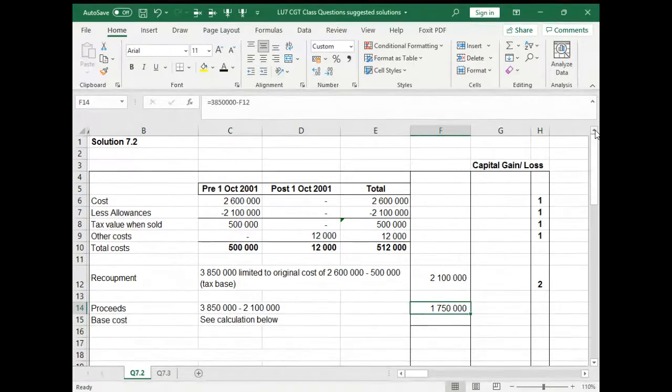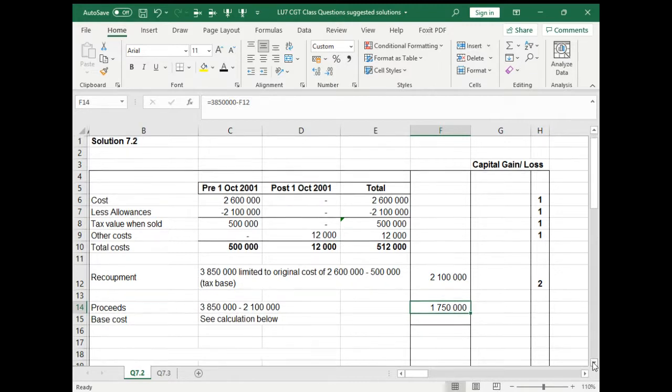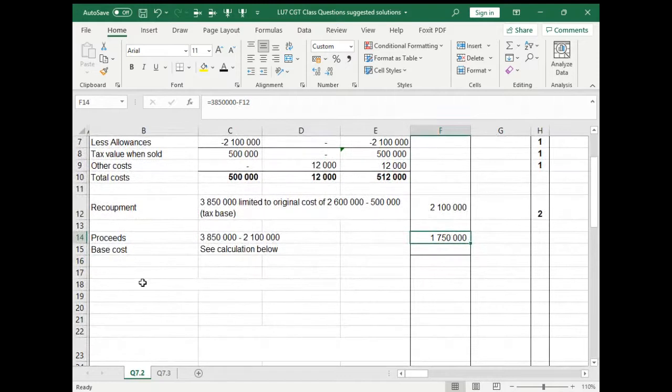So therefore, we can use the market value, time apportionment-based cost, or 20% of the proceeds. Okay, so those are the three methods we have to determine the base cost. Sorry, I just want to unhide you on the screen as I discuss for you guys.